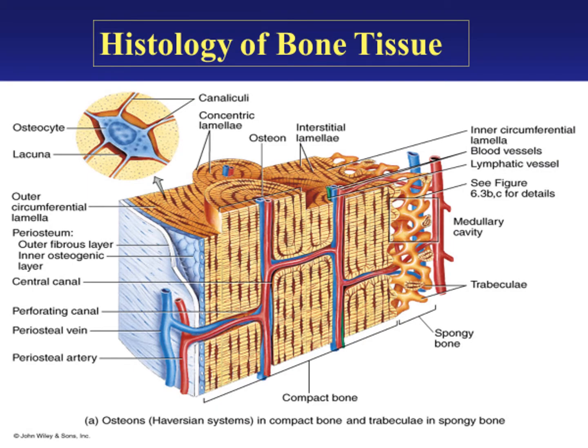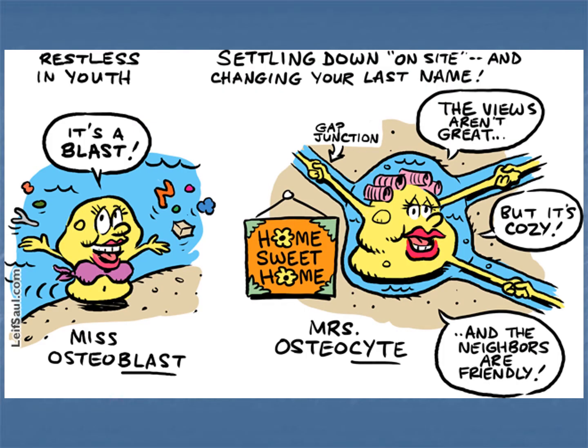Okay, this is your usual illustration of bone tissue. You see these small dark spaces here, these contain your osteocytes, and these cells continuously create new collagen and bring it out, and they also help deposit extracellular calcium.